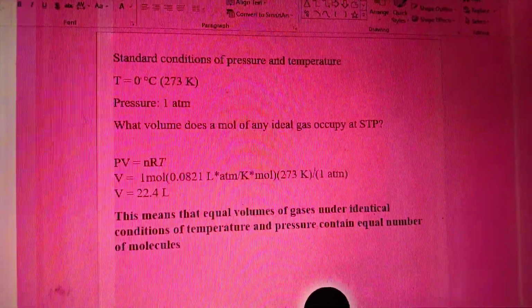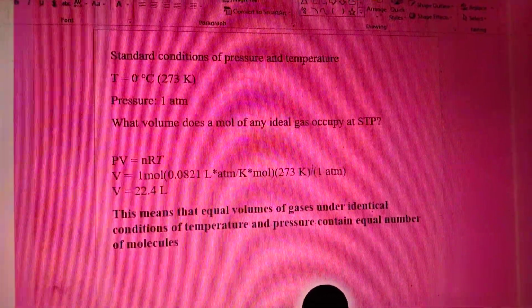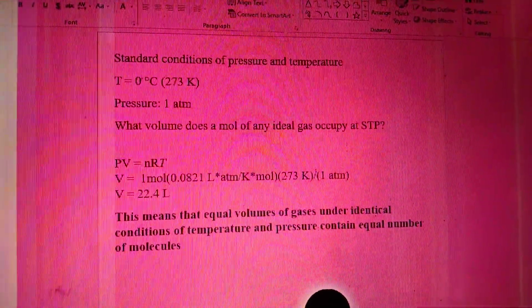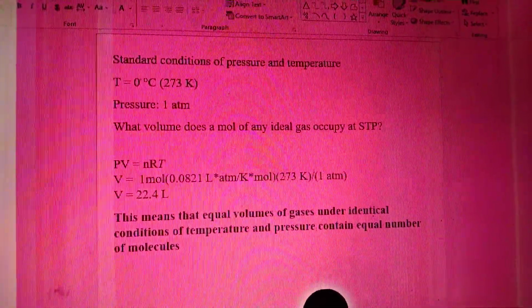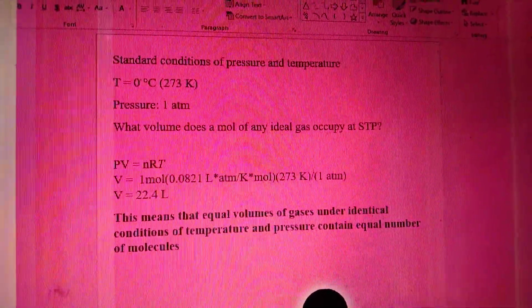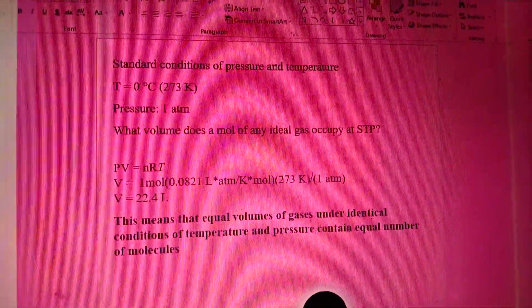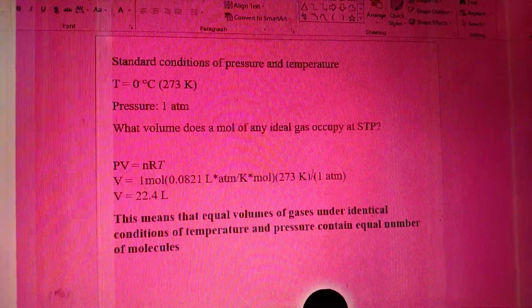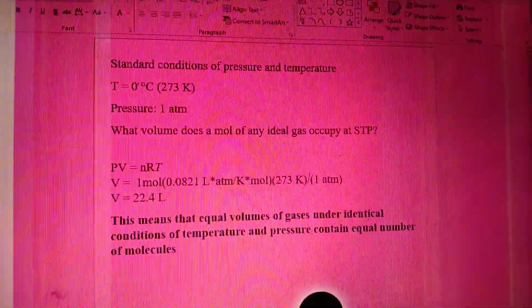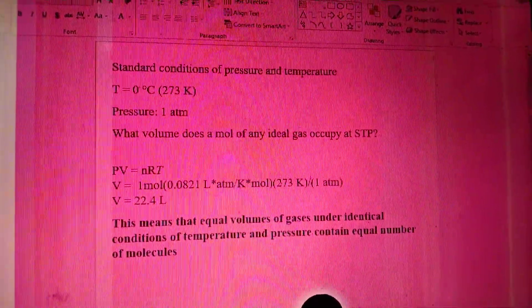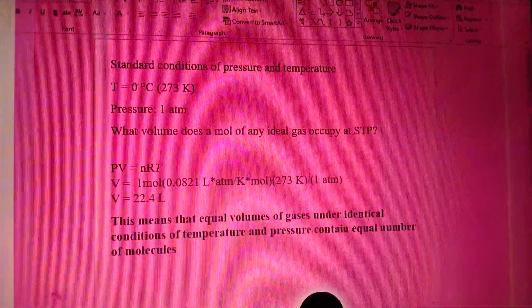Standard conditions of pressure and temperature: T is equal to 0 degrees Celsius, which is 273 Kelvin, and pressure is 1 atm. What volume does a mole of any gas occupy at STP? We have the formula PV equals nRT.